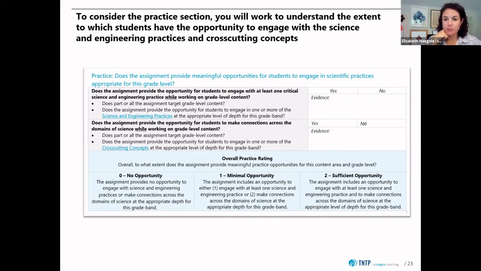When you rate on the practice section, you're looking to understand to what extent kids have opportunities to use the other two components of the science standards: the science and engineering practices and the cross-cutting concepts. So we're going to look at the first question and consider if kids have an opportunity to work with at least one science and engineering practice and if they're able to do so at the right level of rigor.